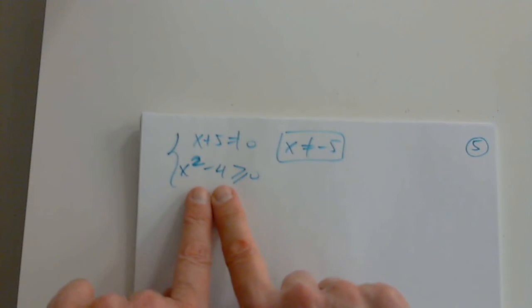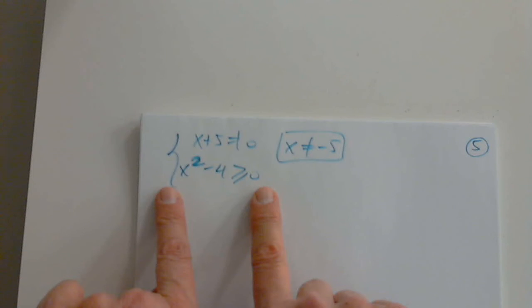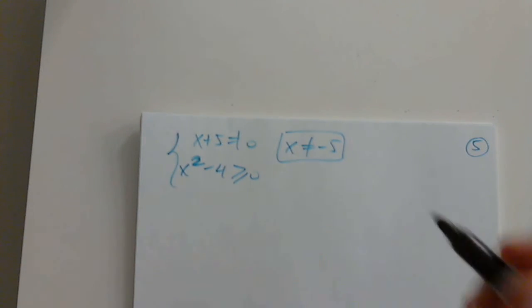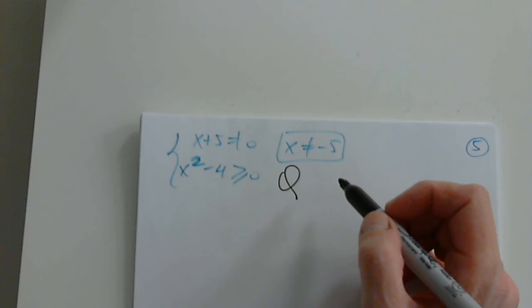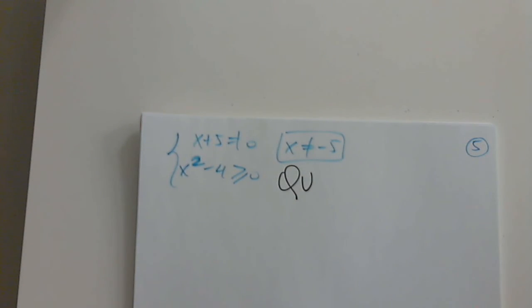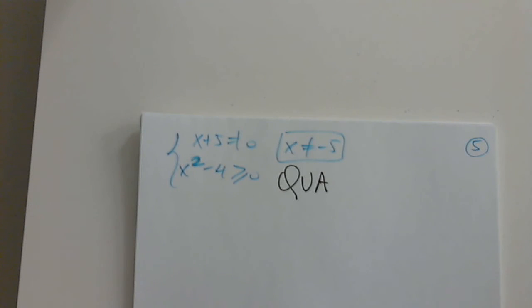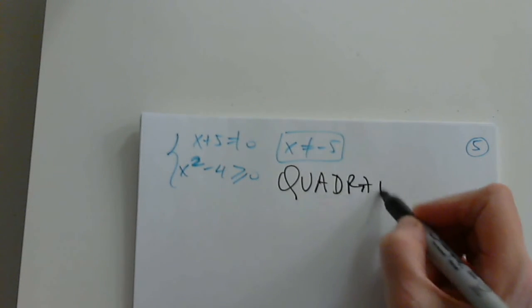So then what type of inequality is this? If the left-hand side is quadratic, what kind of inequality could this be? Quadratic inequality.